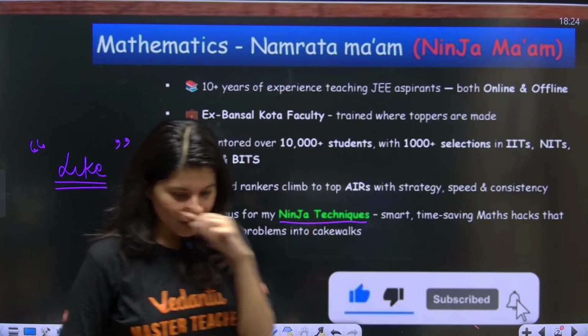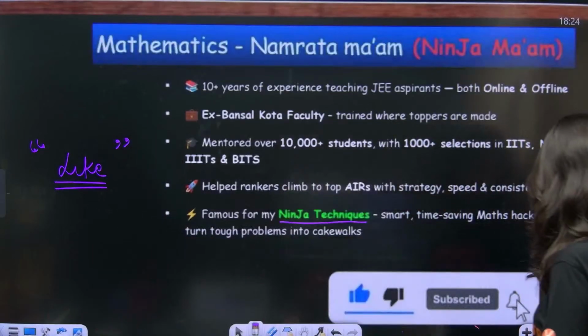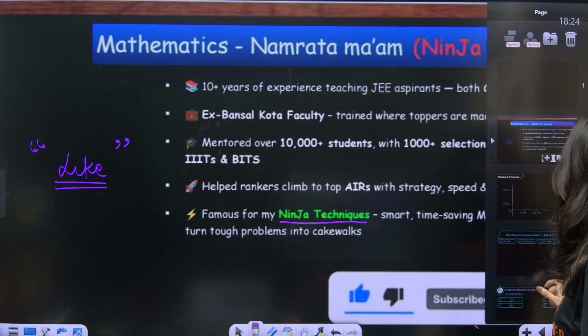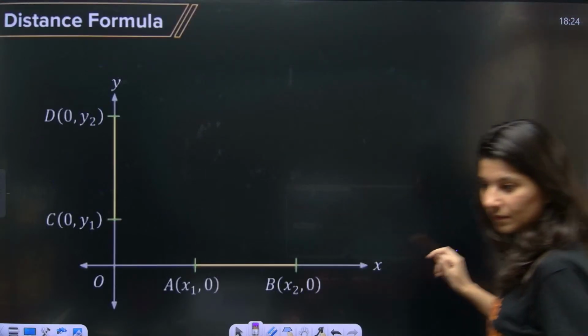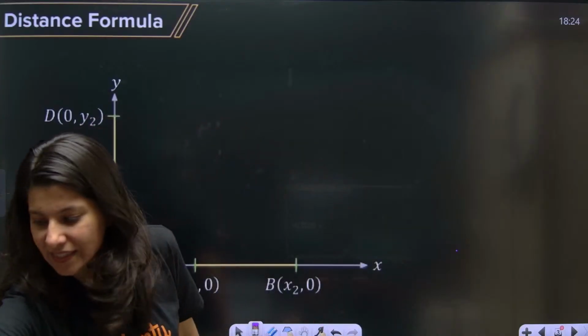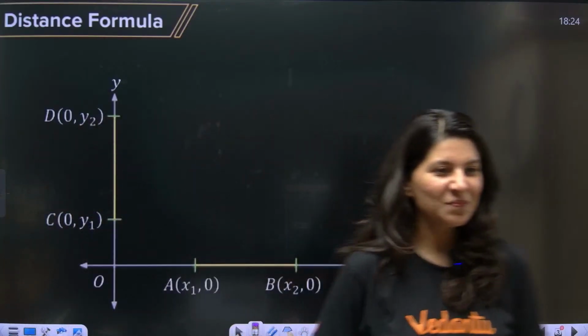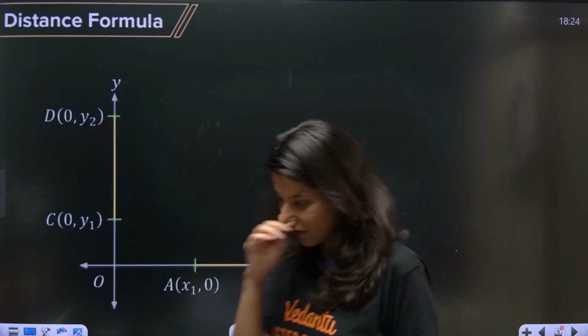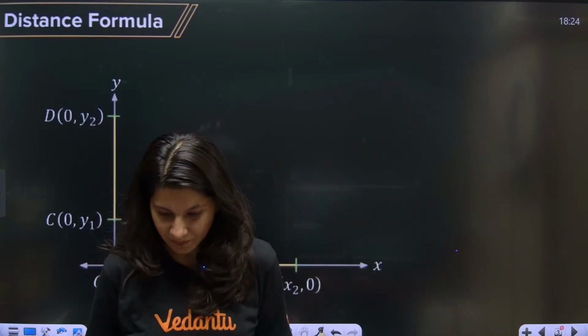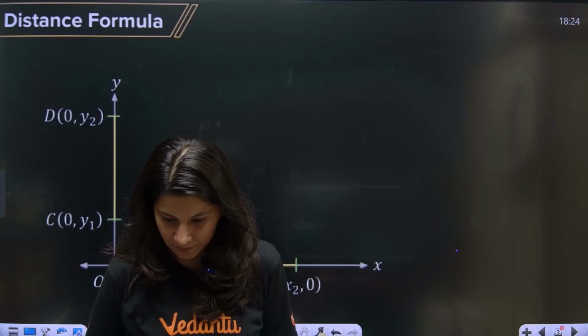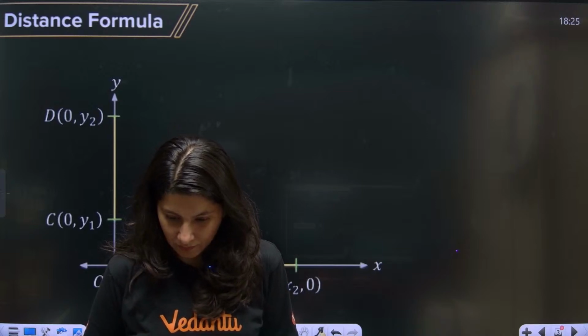So we should start today's session without wasting any time. Something went wrong, please try again. I think Siri is activated, huh? So let's start the coordinate geometry, everybody. Are we ready?